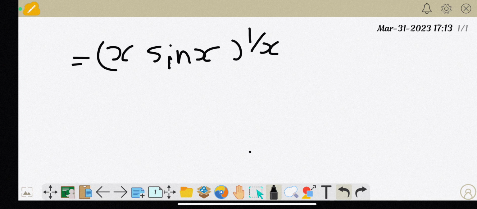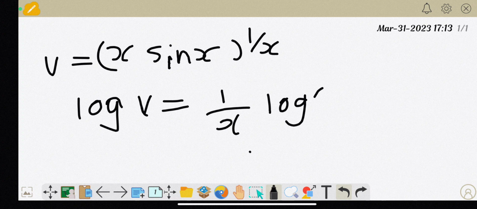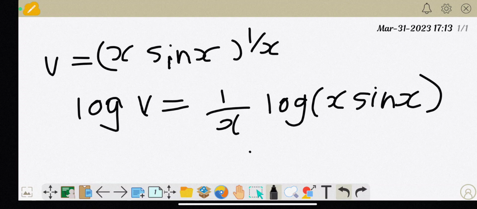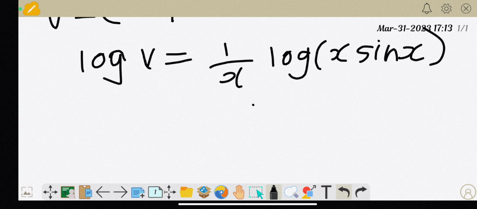So this is equal to v. So apply log on both sides. Log v is equal to 1 by x log x into sin x. Correct. Next what we can do, differentiate on both sides.